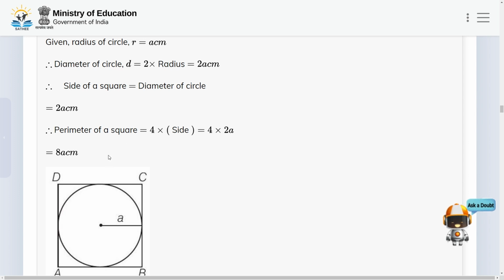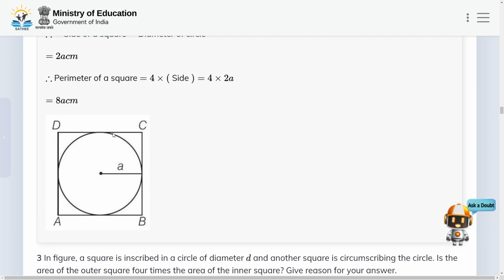Therefore the diameter of the circle d is equal to 2 times radius, that is 2a centimeter, and therefore the side of the square is equal to the diameter of the circle, which is 2a centimeter. Therefore the perimeter of the square is equal to 4 times side, that is 4 times 2a, which is equal to 8a centimeter. So the perimeter of the square is 8a centimeter.